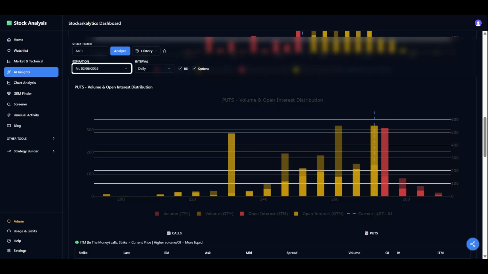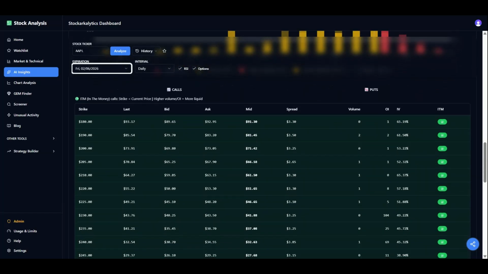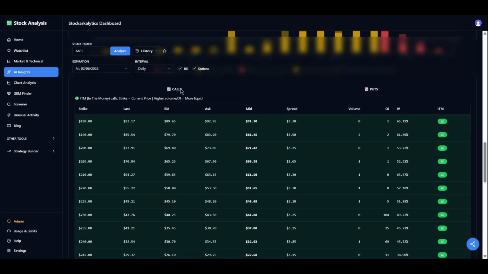Now let's move on to the chain table. First, the calls tab. Each row is a strike price, and across the row you'll see last traded price, bid and ask, mid price and the spread, which is a quick liquidity check, then volume and open interest, IV, which is implied volatility, and finally, whether that contract is ITM or not.